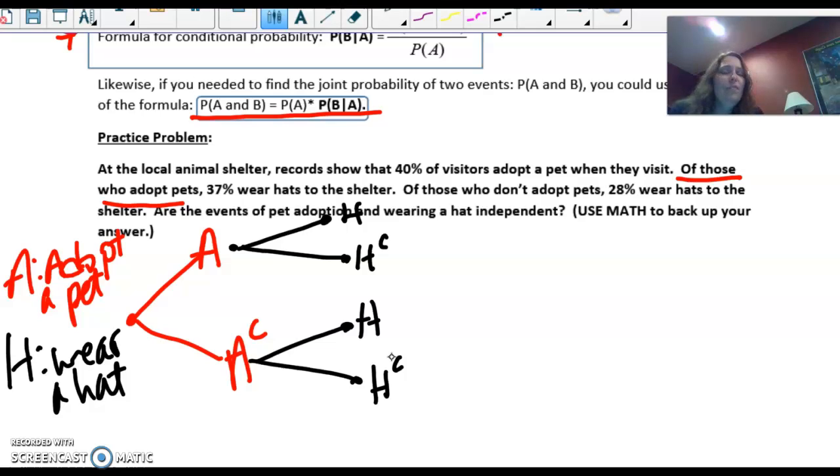Not necessarily 50-50 though. All right, so 40% of visitors adopt a pet when they visit. So there's going to be a 0.4 here with a 0.6. Of those who adopt pets, 37% wear hats to the shelter. So we already know that they've adopted a pet. 0.37 wears a hat, leaving 1 minus that, or 0.63 who does not. Fill out the rest of the chart.